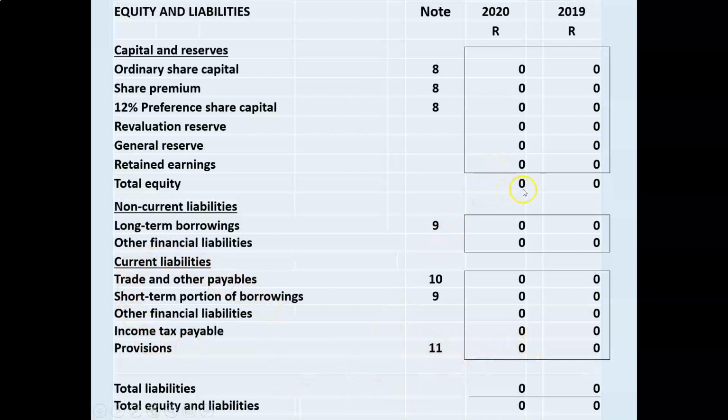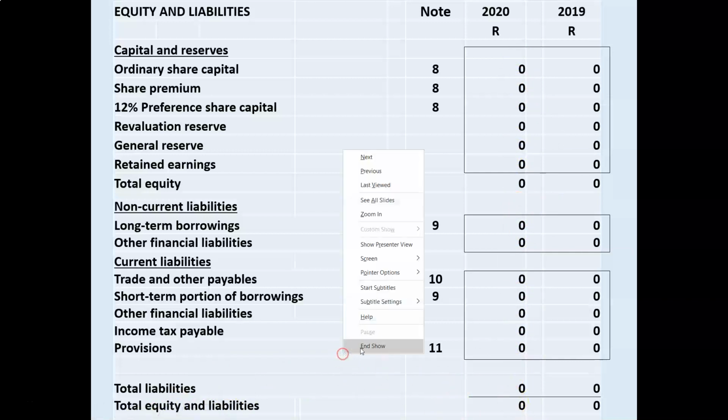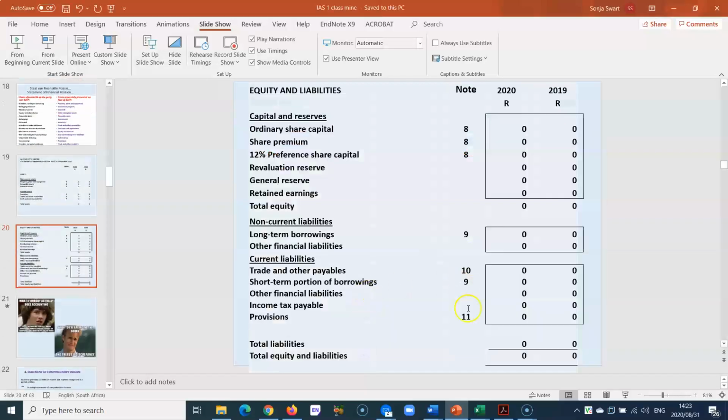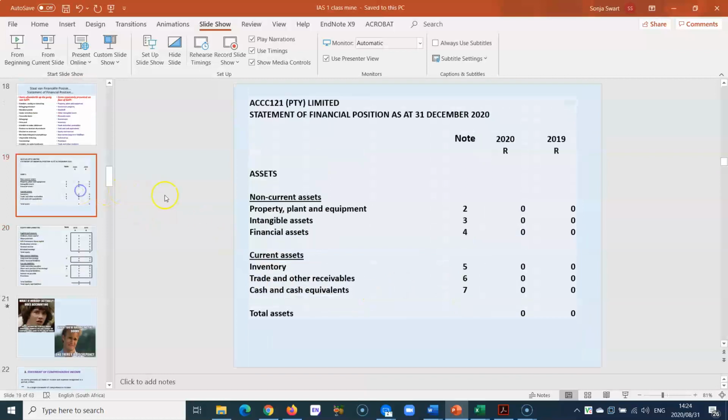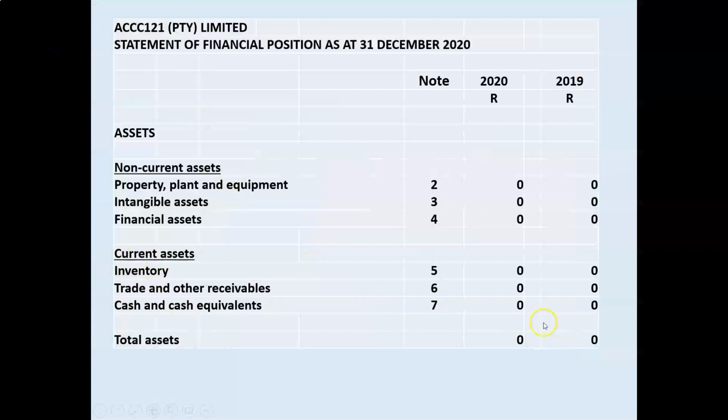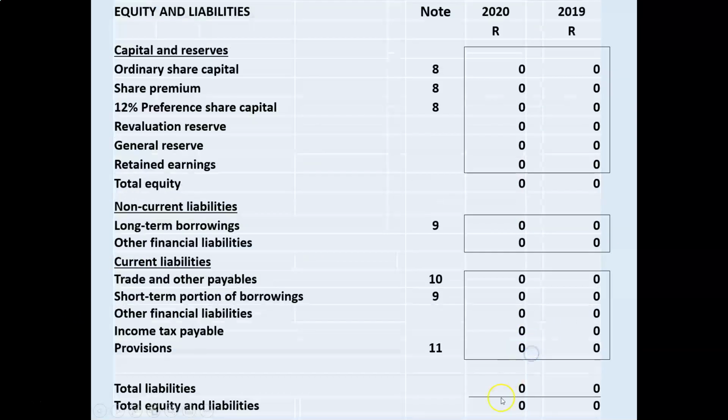Total liabilities would be my non-current liabilities plus my current liabilities, and my total equity and liabilities will be my total liabilities plus my total equity. Now that figure, total equity and liabilities, must balance back to my total assets. So my total assets and that amount should be exactly the same.